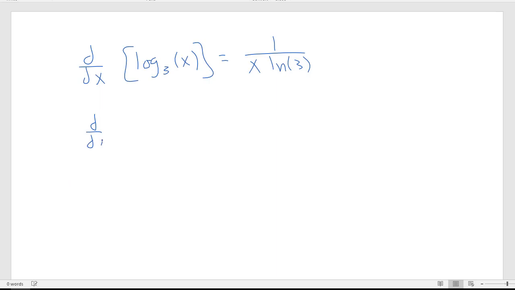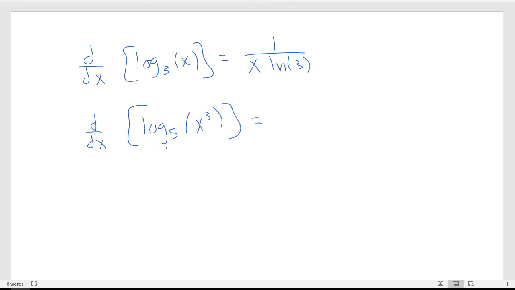Let's say we would want to find the derivative of log base 5 of x cubed. Again, this is a chain rule like we will typically see as we move deeper into derivatives. The inner function is the cube, the outer function is the base 5 log. When I differentiate this, I'm going to differentiate the outer function first.